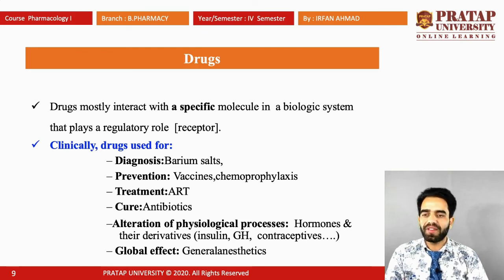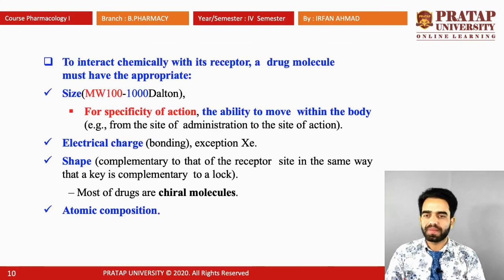Okay, so there are various uses of drugs, and I have mentioned some of them. These are the basic areas where various drugs are used. Next, drugs interact chemically with the receptor. When we take a drug, it goes into our body and interacts with the receptor.